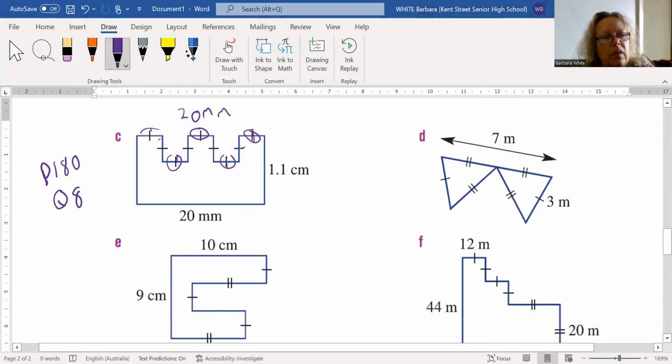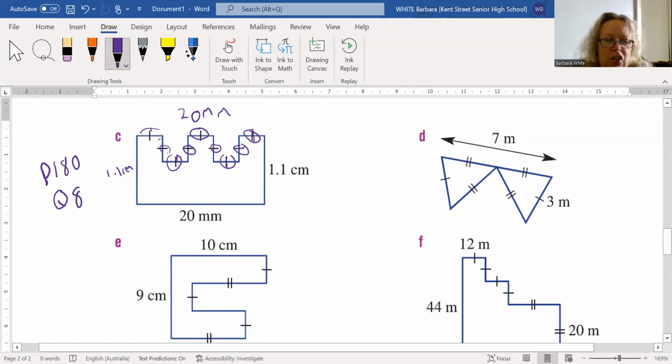Okay. You got 1.1 centimeters here. So this is going to be 1.1 centimeters here. And you've also got 1, 2, 3, 4 of those as well, which are 4 millimeters.